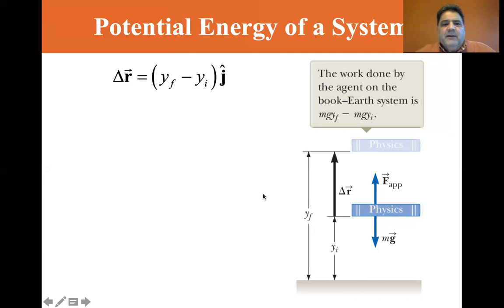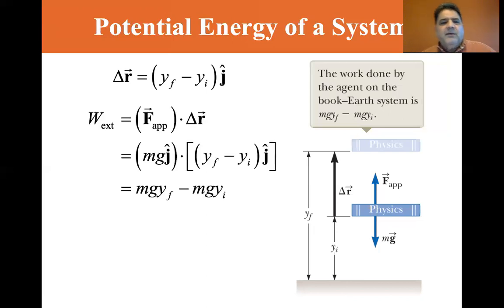So delta r is equal to y final minus y initial times the unit vector j, in the j direction. The work done on the book is the applied force times delta r. The force is mg in the j direction, and that's y final minus y initial times j. j dot j is equal to 1, so you end up with mg y final minus mg y initial.